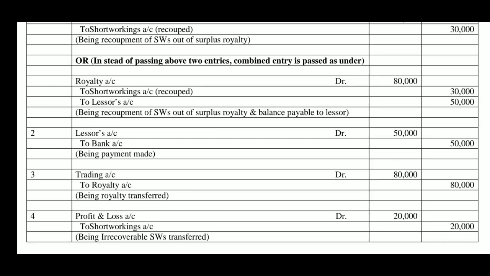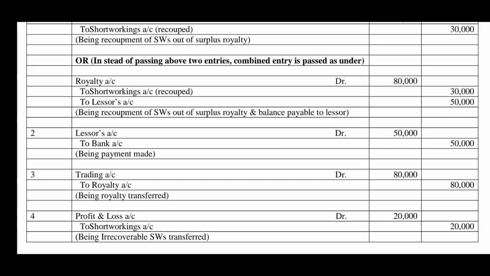Here one more entry is passed because in this year the period of recoupment expires. Therefore, out of the short workings 20,000 cannot be recovered in the next year because the 5 year term expires.